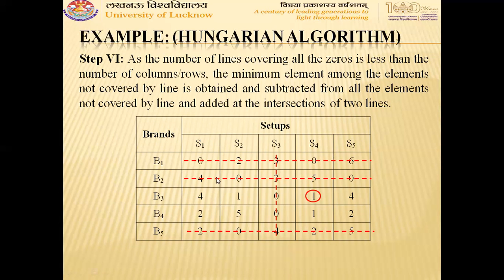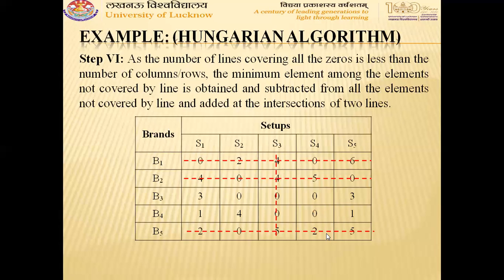That means this element is covered by a line, this is covered by a line, this is covered by a line. Similarly, these 8 elements are not covered by the lines, so 1 is subtracted from these elements. Here we would get 3, here we would get 1, it will be 0, it will be 4, it will become 0, it will become 0, it will become 3 and it will become 1.